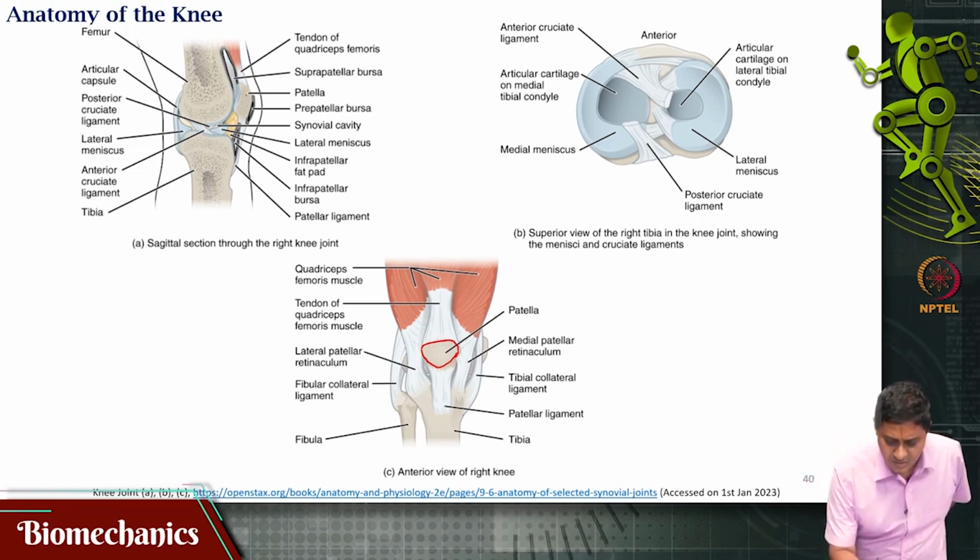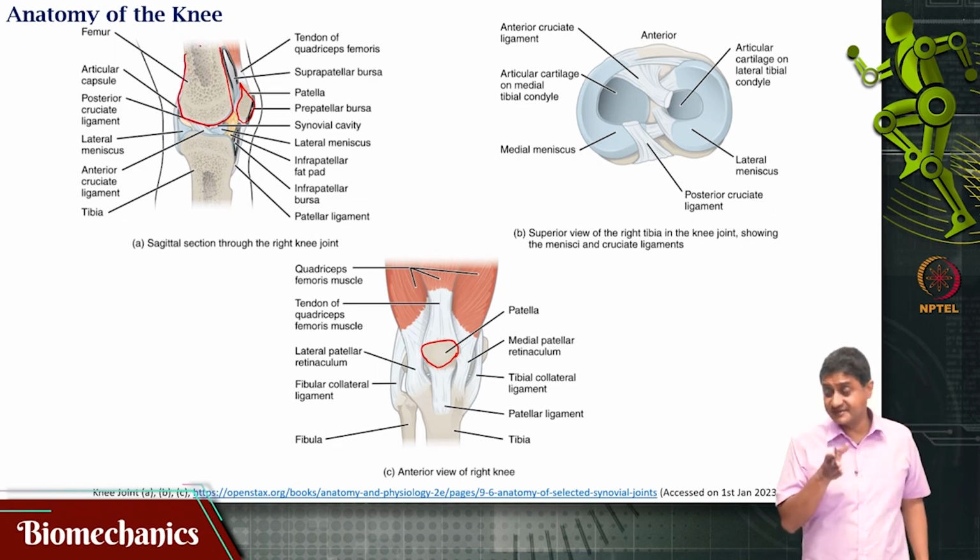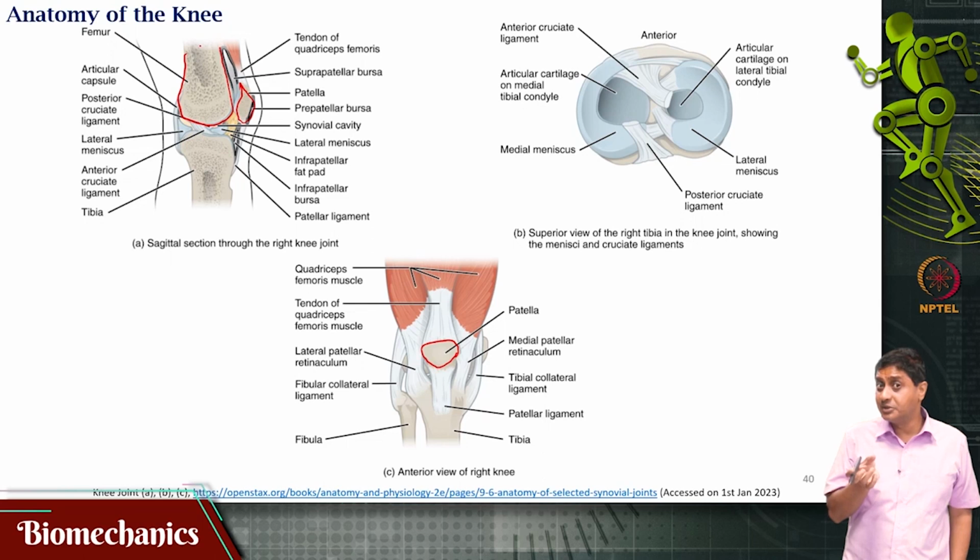Here is a view of the patellar bone. This is the sagittal view of the patellar bone, and this is the femur. Because this is the sagittal view, I will not be able to look at the medial and lateral epicondyles or the medial and lateral condyles of the femur.